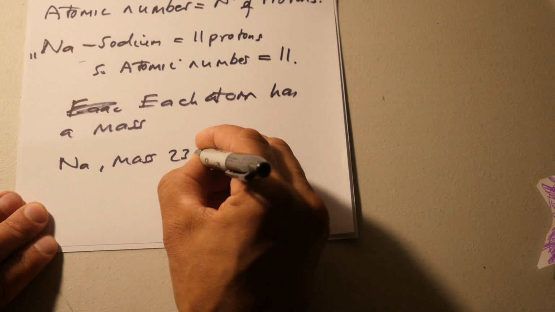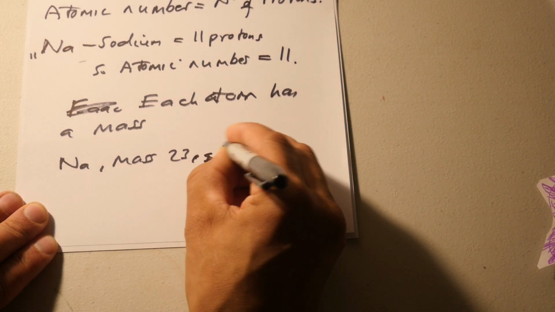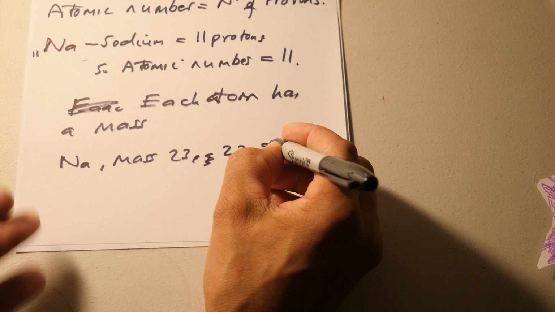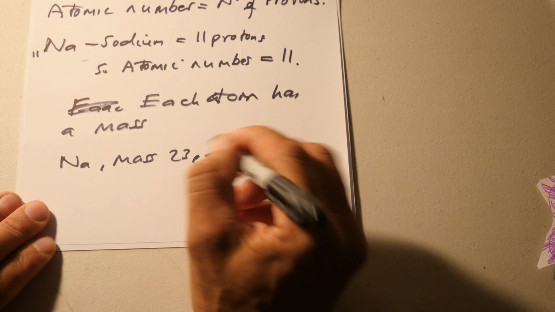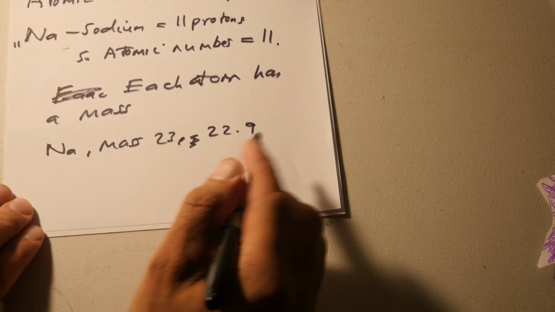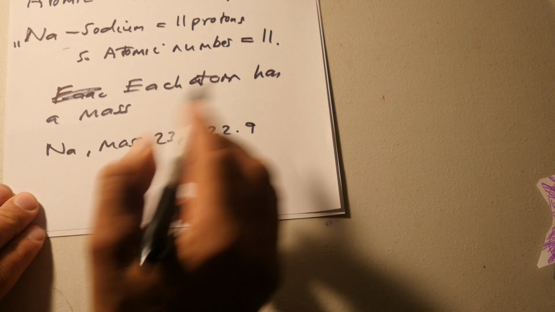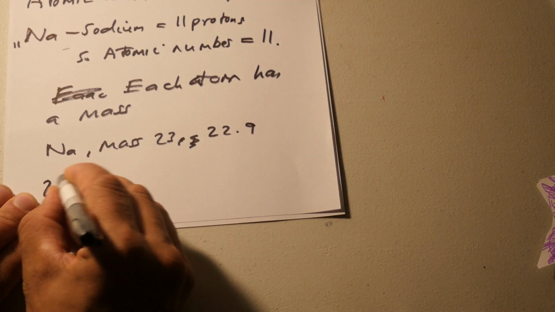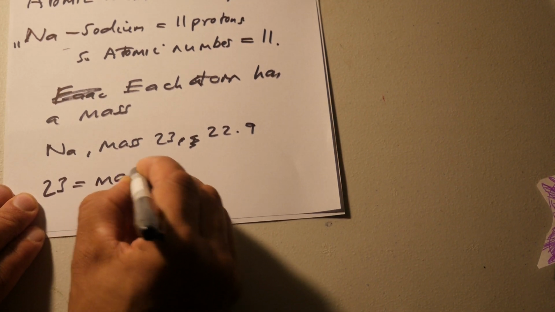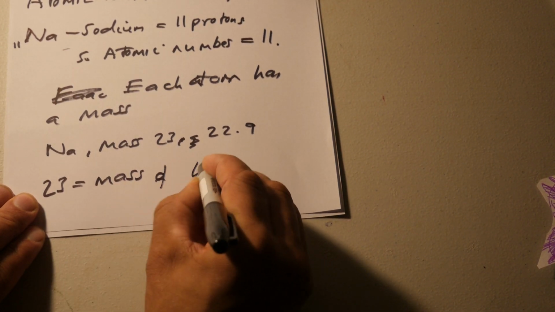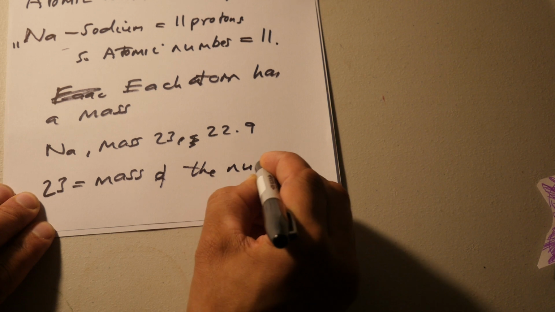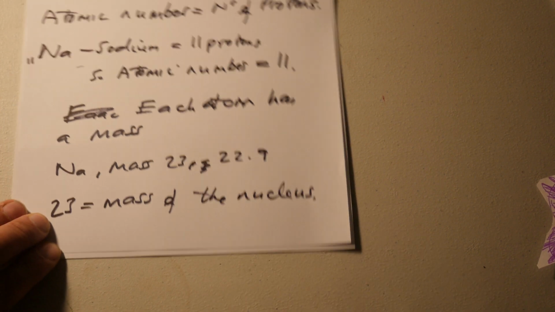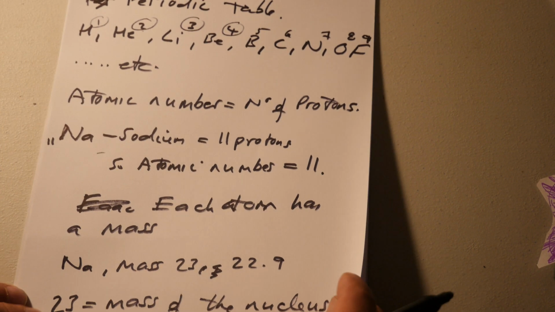It's actually 22.9 according to the periodic tables. So given that this is the mass of the nucleus, the mass 23 equals the mass of the nucleus, okay? Hope that's clear.